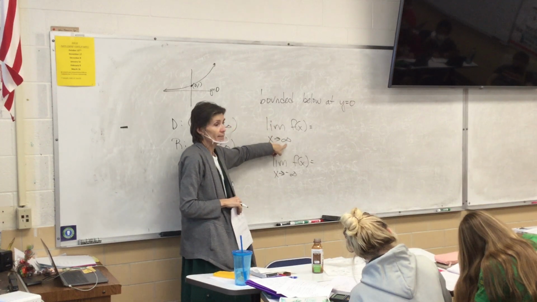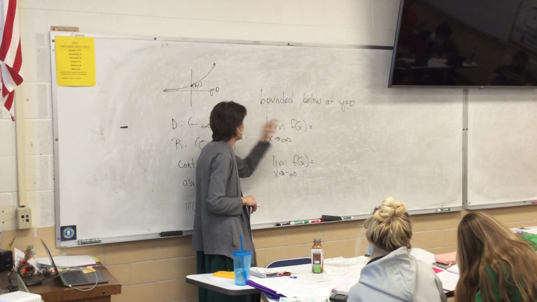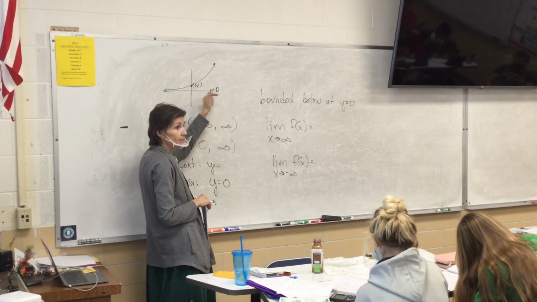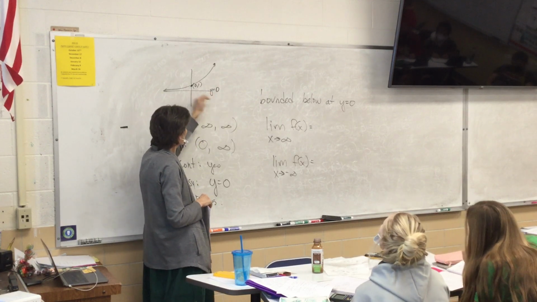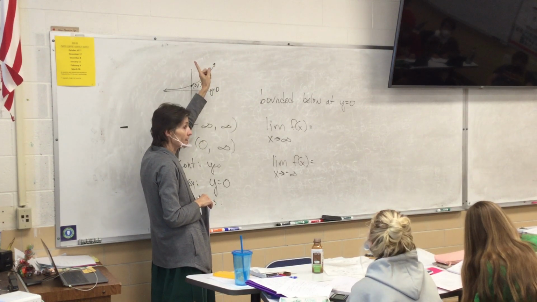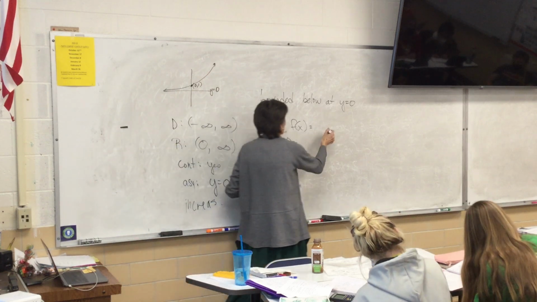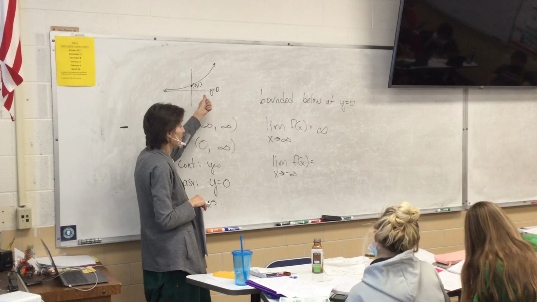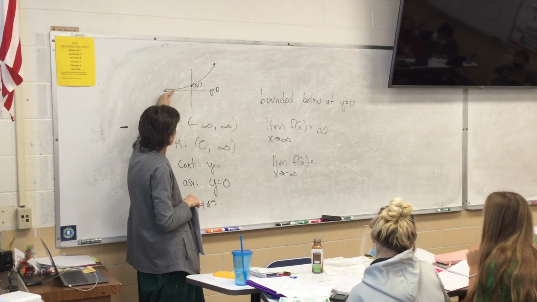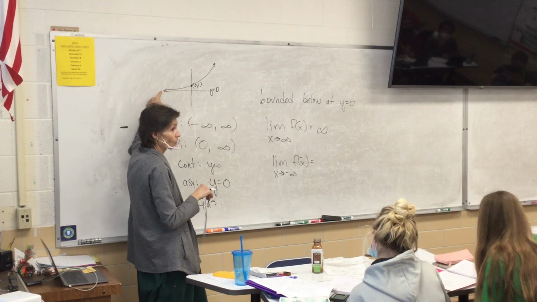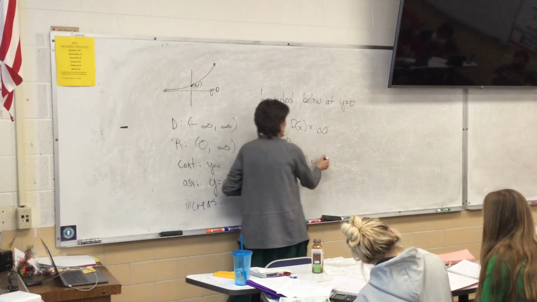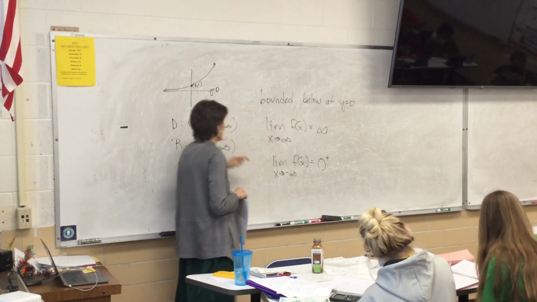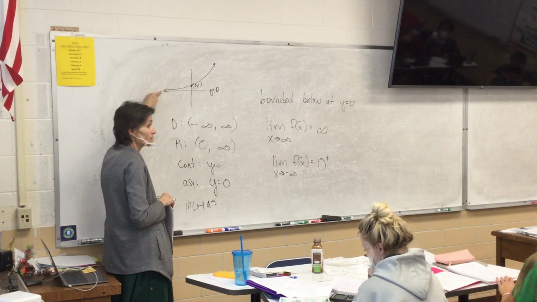As you go to the right, positive infinity is that way, guys, you're simply going up. What happens as you go the other way? x goes to negative infinity, so y decreases. You're approaching 0 from the top.